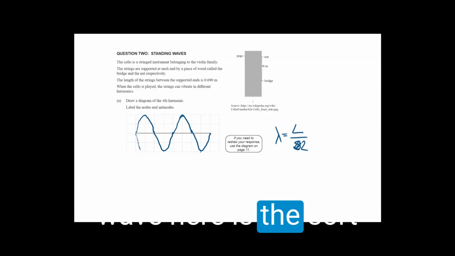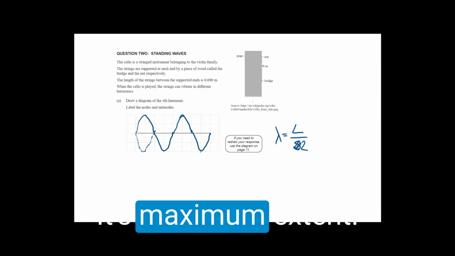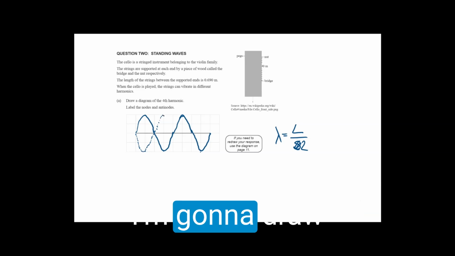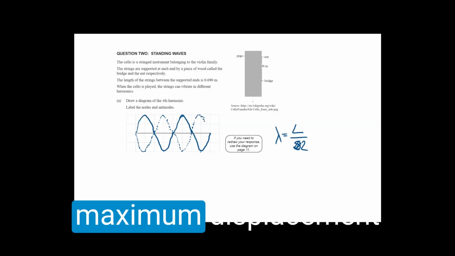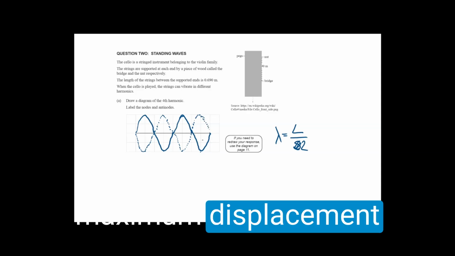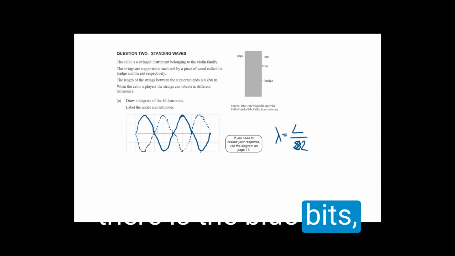Here is its maximum extent. I'm going to draw that just dotted. So that's where it's going to be when that's the maximum displacement on the other side. So the main string there is the blue bits.